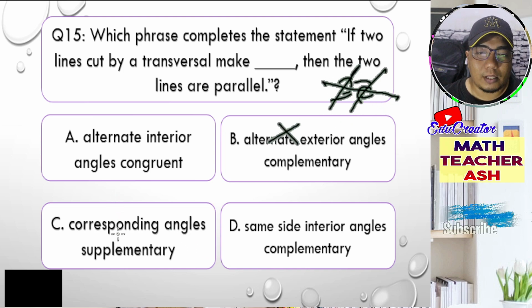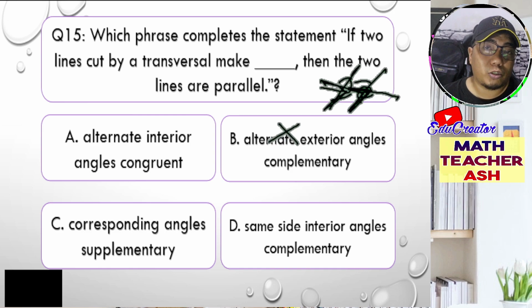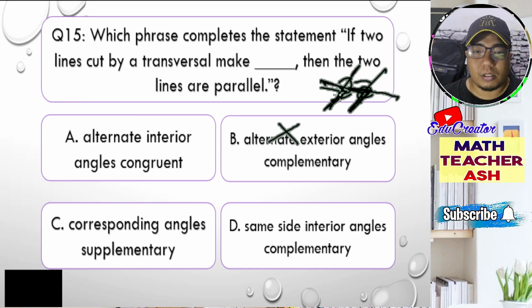How about letter C? Corresponding angles are supplementary. Corresponding angles are those in the same position. If this is the one and another one here is this one, they should be supplementary, meaning equal to 180. That is wrong still, my dear math learners, because they should also be equal in order for it to become a parallel line.